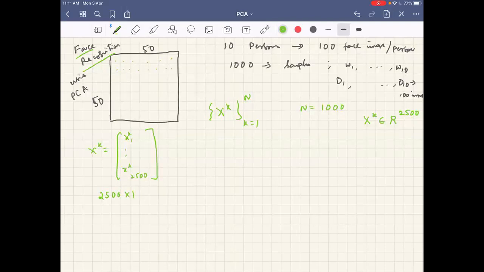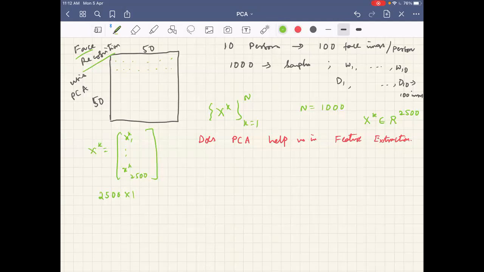So the question is, does principal component analysis help us in feature extraction? Hope the discussion is clear to you all. So now let us start.